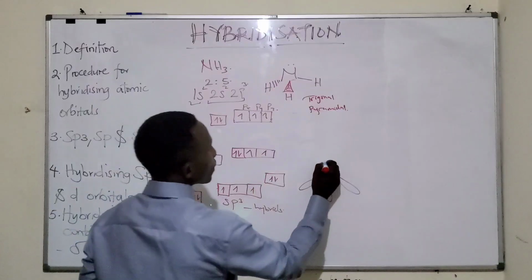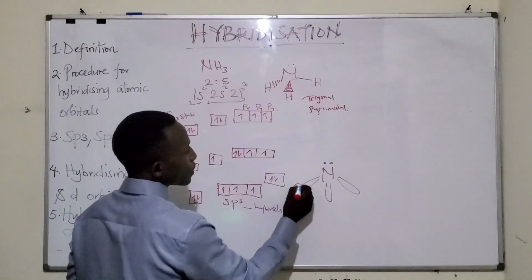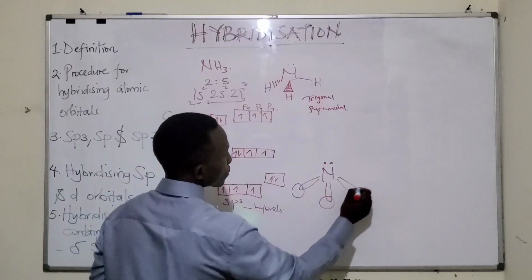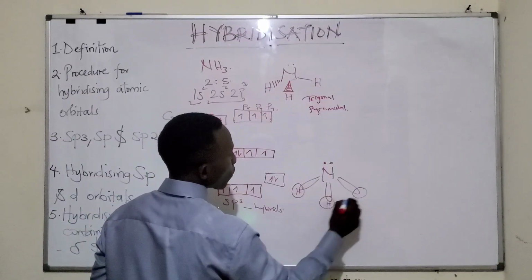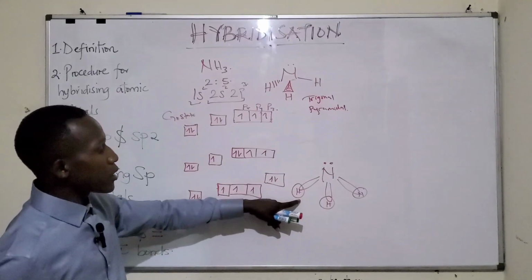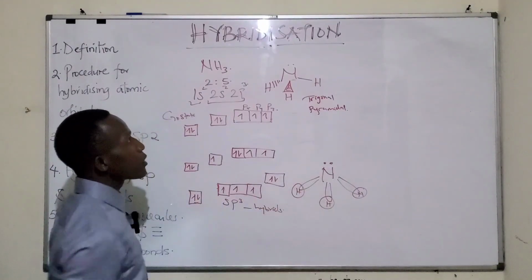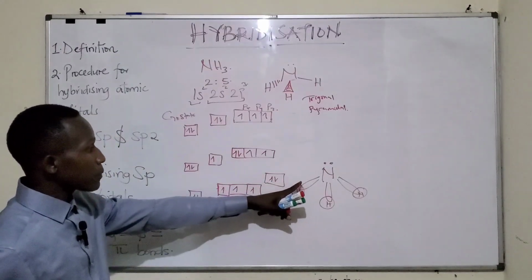Then these ones remain as lone pairs of electrons. These hybrids mix with the hydrogen because hydrogen is 1s, and S is the shape of the S electron. So this is the hybridization of ammonia.